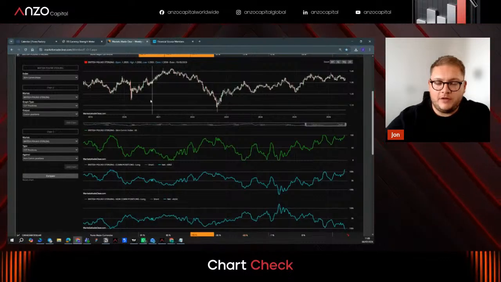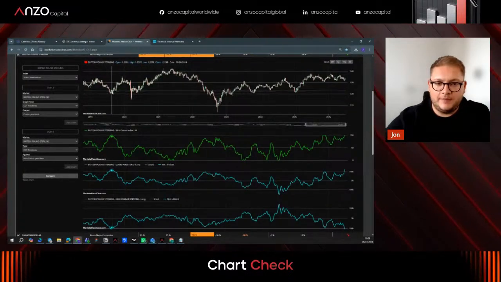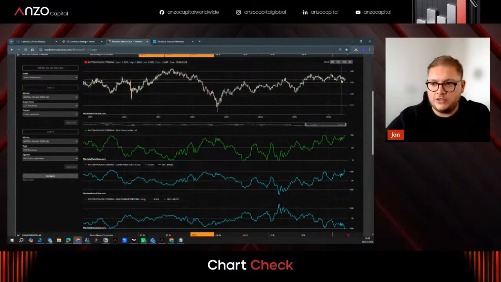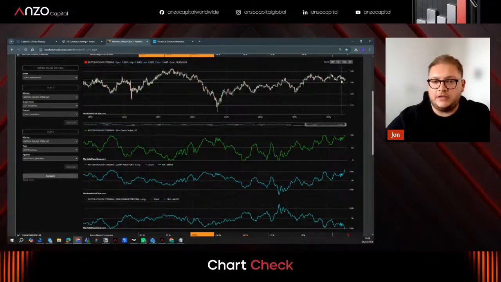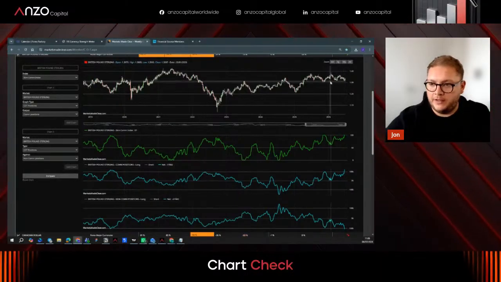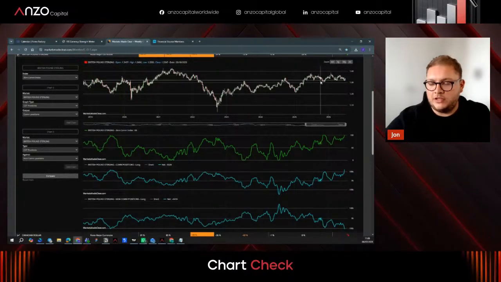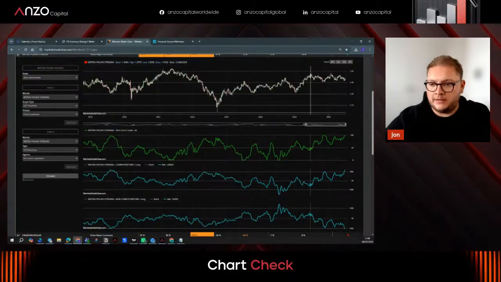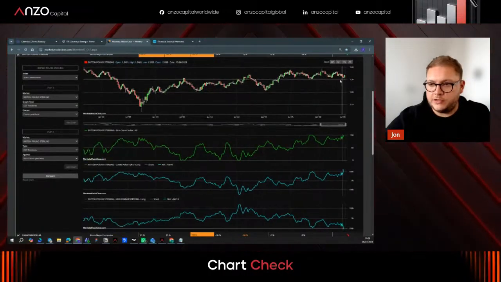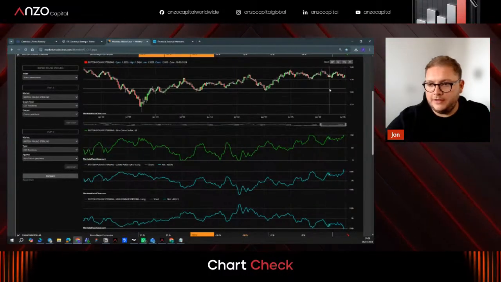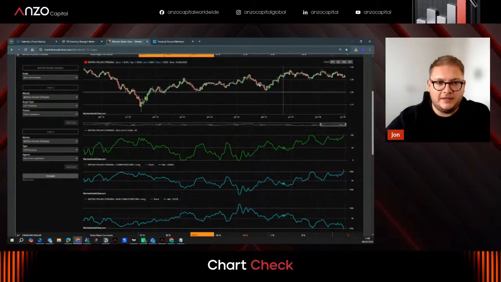So again, we've got the combination of what happened back in 2019 as potential insight into what could happen going forward, and we have this weekly chart showing that we are at a weekly level of support. So I really like the idea of potentially buying the pound.